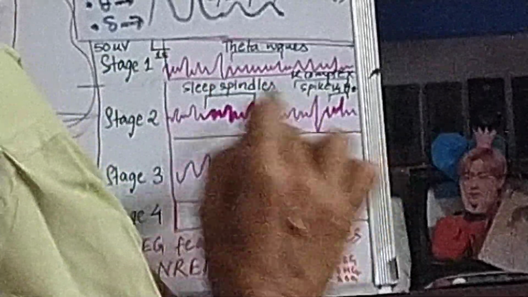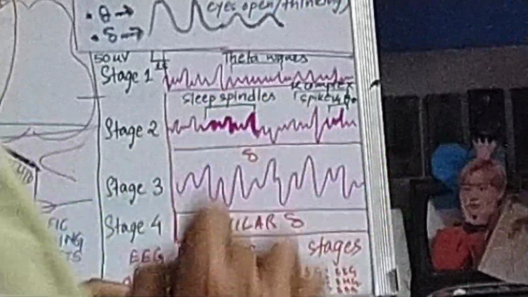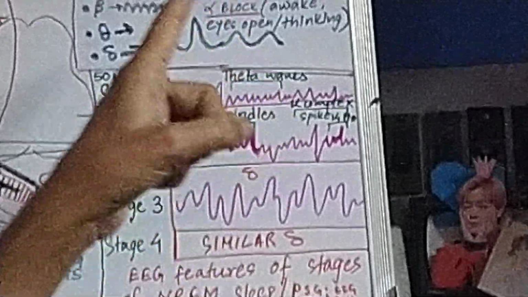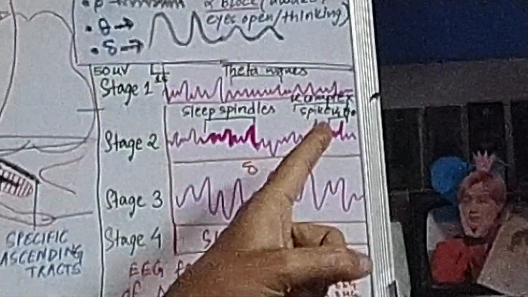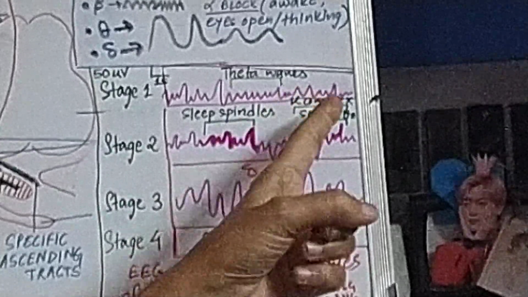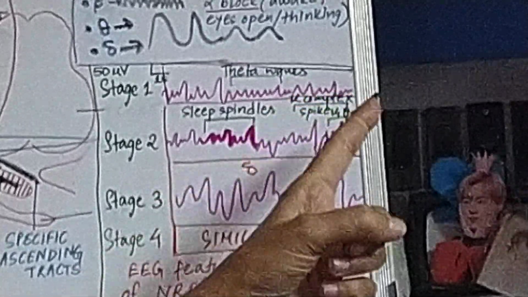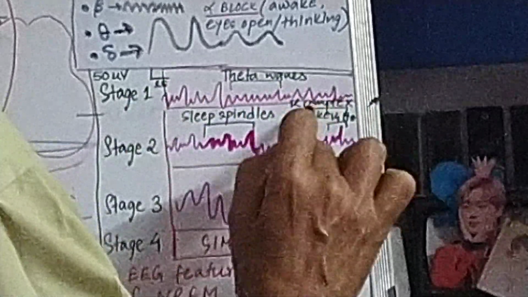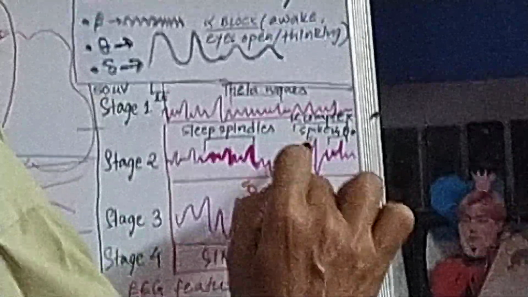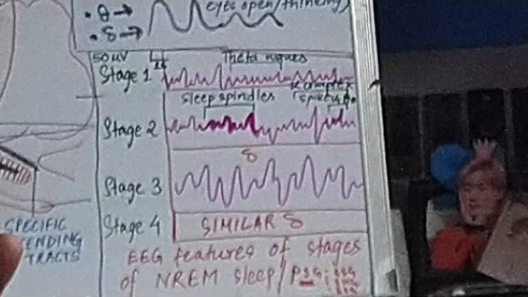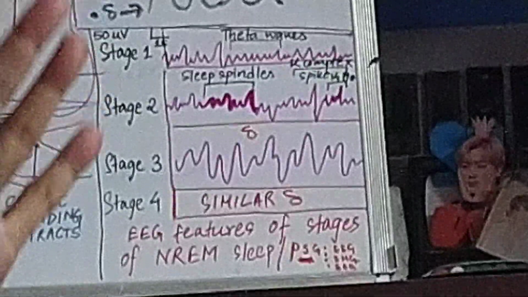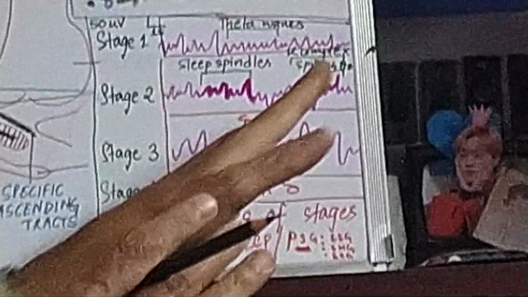So this portion of the stage 2 EEG, that is the sleep spindle followed by a single high spike of amplitude followed by a very high frequency wave, is known as the K complex. So this is the sleep spindle of stage 2 and this is the K complex of the stage 2 NREM sleep electroencephalographic picture. Am I clear? So that is about the EEG picture of stage 2.